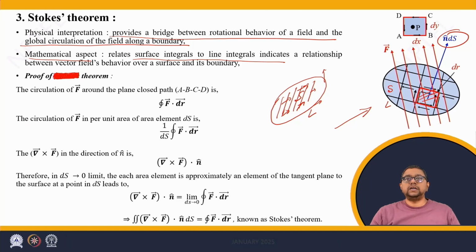This region has the boundary elemental lines as dx and dy. Now, Stokes theorem relates the circulation with the flux of the curl.